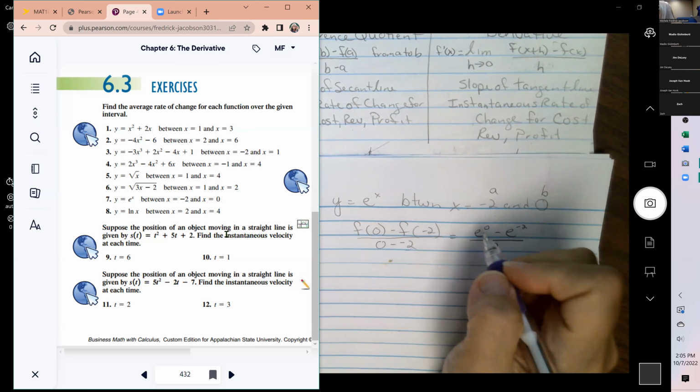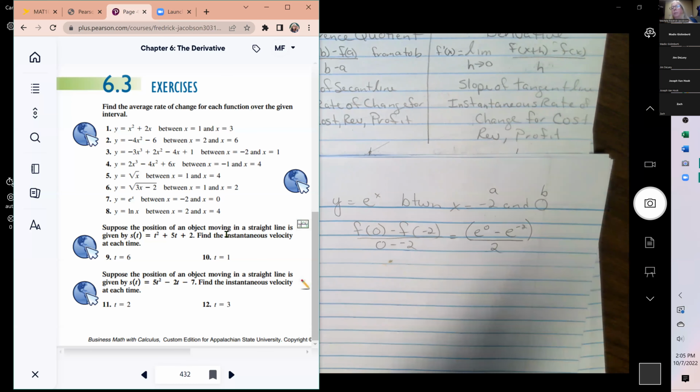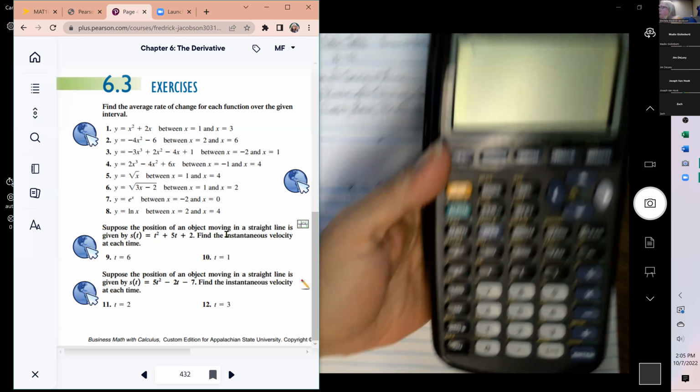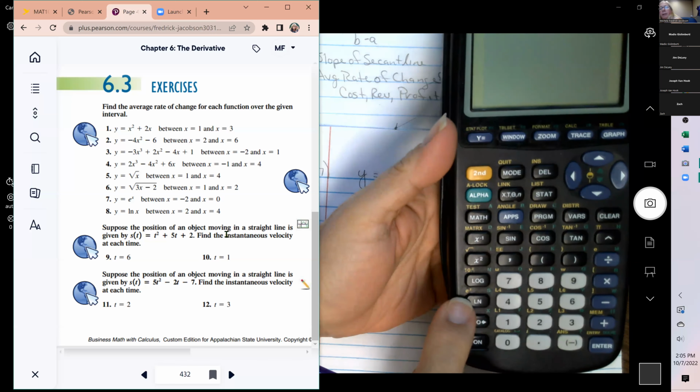Now, if you enter this all at once, you do want to put it in parentheses. The exponential button is where your ln is.